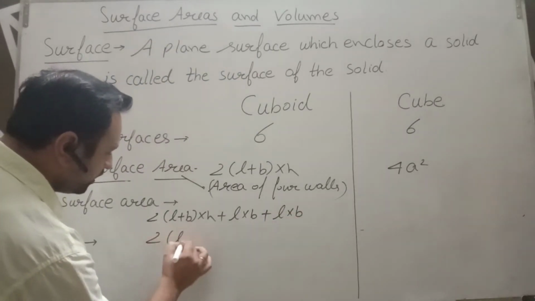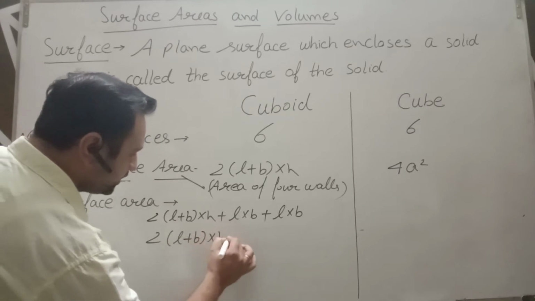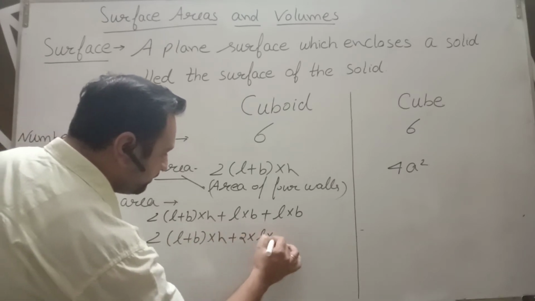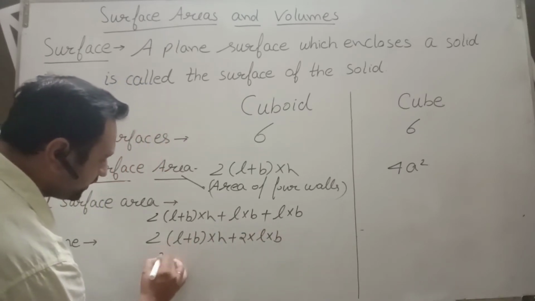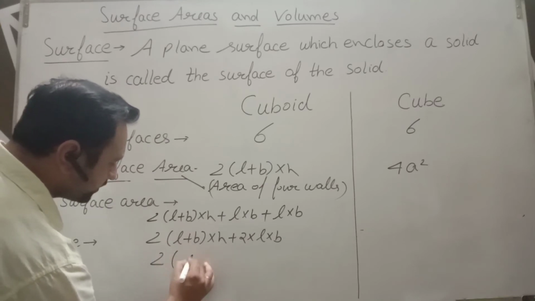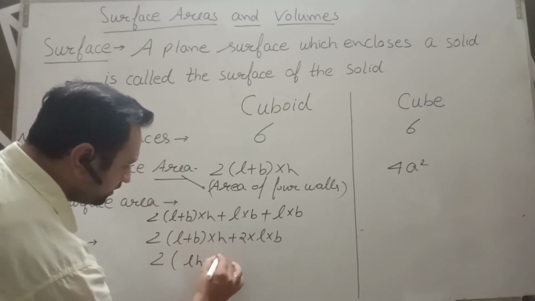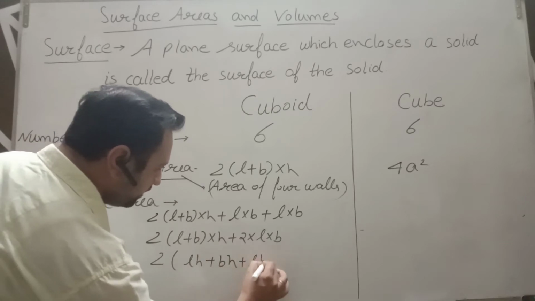So 2 into l plus b into h, plus 2 multiply l multiply b. So we can take 2 as common: lh plus bh plus lb.